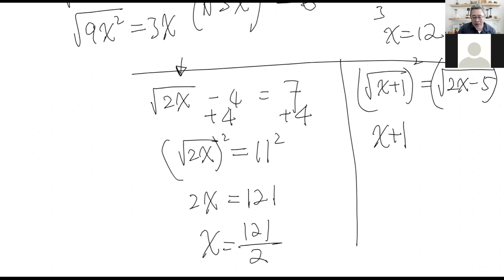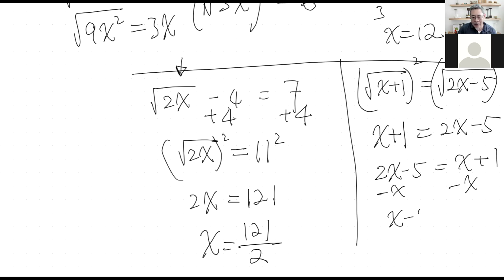On the right-hand side is 2x minus 5. Well, that's just a linear equation. And I'm going to rewrite this as 2x minus 5 equals x plus 1. So minus x on both sides. We got x minus 5 equal to 1. We add 5 on both sides. Then x is 6. Good?